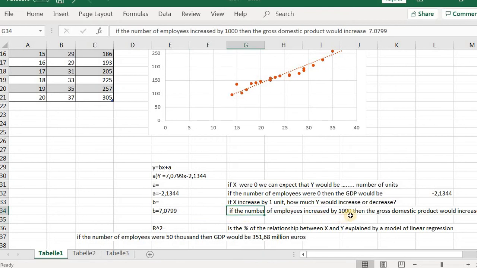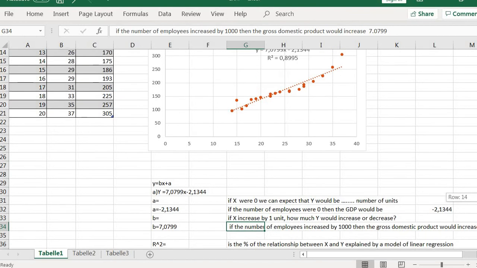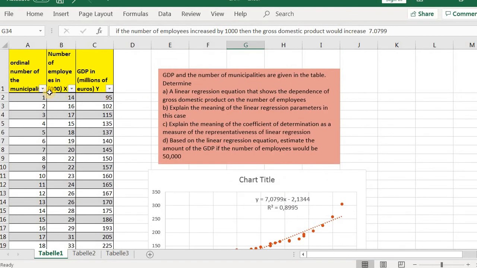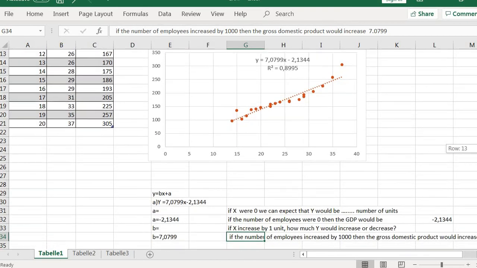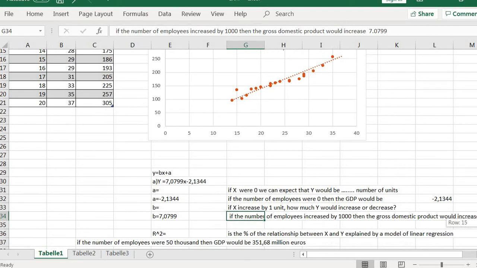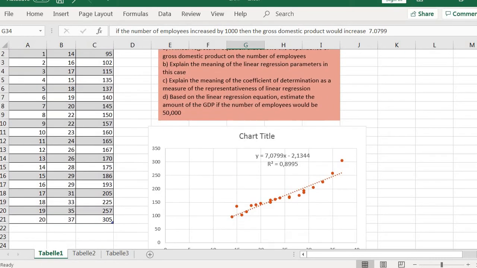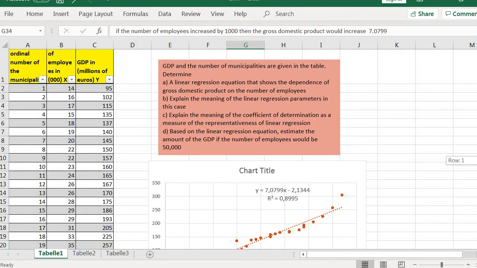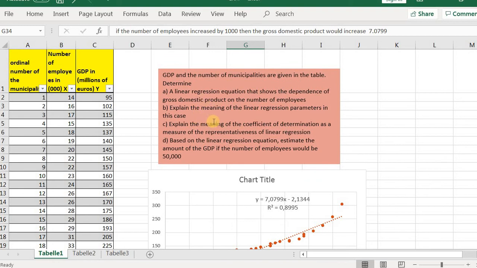If the number of employees increases by 1 unit, but what is 1 unit in our case? In our case, that is 1,000. That is not one worker, that is 1,000 employees. Be careful here. So, if the number of employees increased by 1 unit, that means by 1,000, then the GDP would increase by 0.799 million of euros. Okay, and that is the explanation of our parameters.